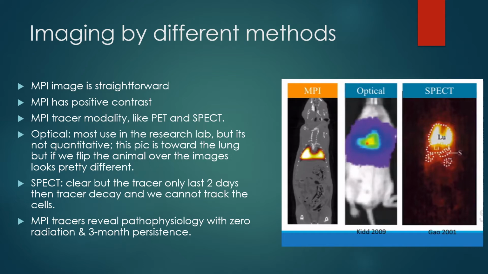And the SPECT image is also clear, but the problem is the tracer only lasts for 2 days, and then the tracer decays, and we cannot track the cells. But MPI tracers reveal the pathophysiology with zero radiation, and they also have 3 months of persistence.